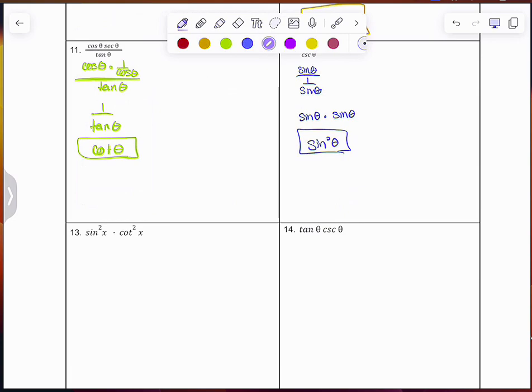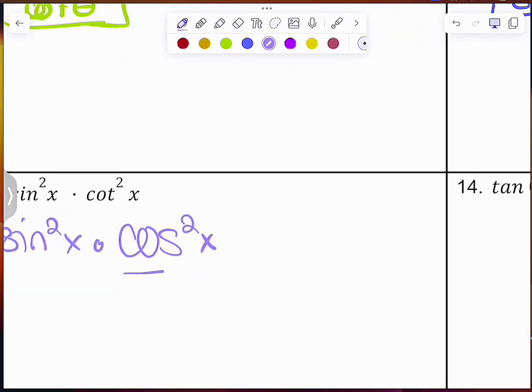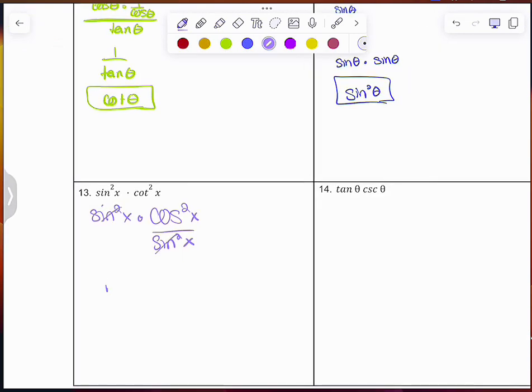Sine squared times cotangent's our next one. So sine squared times cosine over sine. Oops, x, not theta. The sine over sine cancels, and this one we're left with cosine squared.